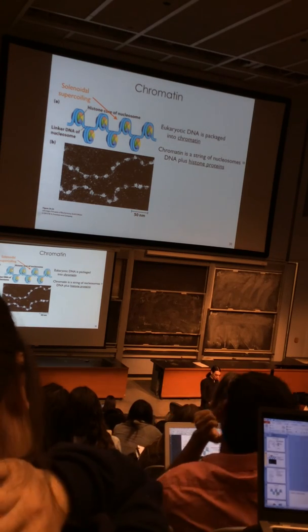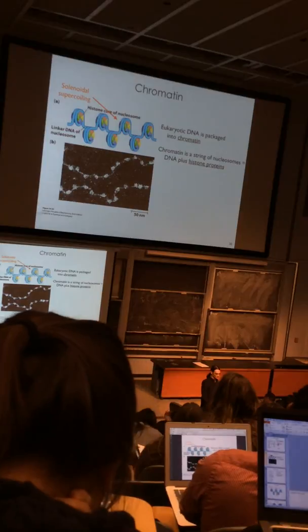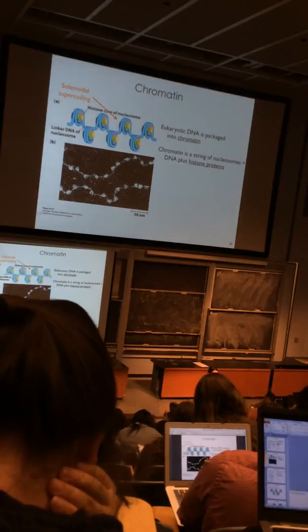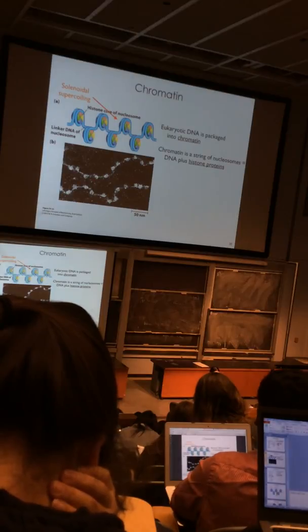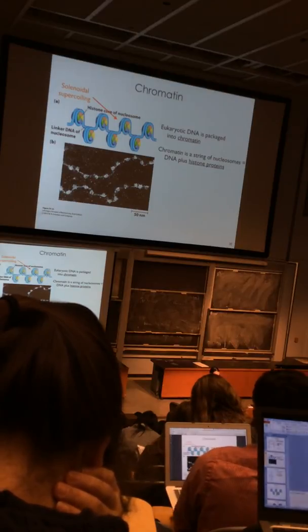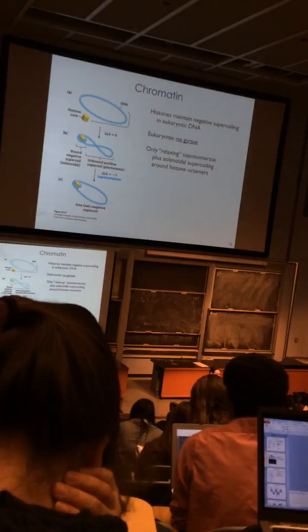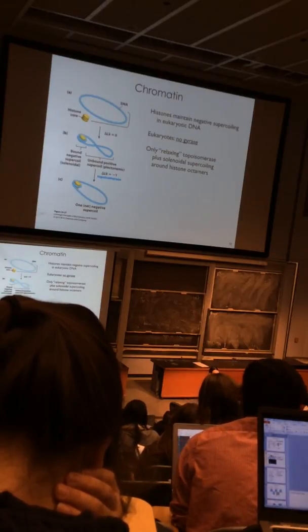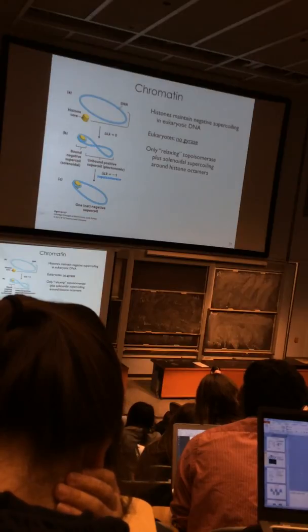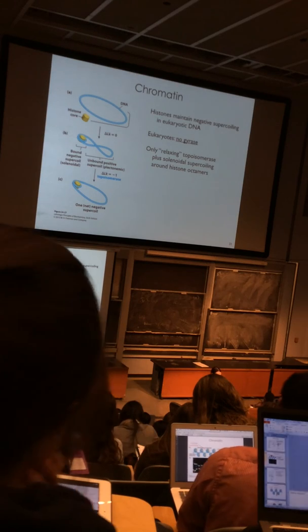In fact, the definition of a chromatin is a string of nucleosomes, and those nucleosomes are the DNA wrapped around these histone proteins. And so eukaryotes actually maintain negative supercoiling without the activity of a gyrase-like enzyme, simply by this solenoidal wrapping of the DNA around the histone.